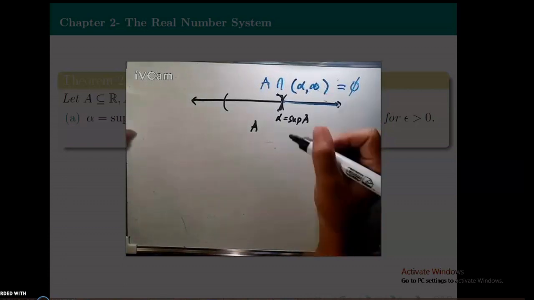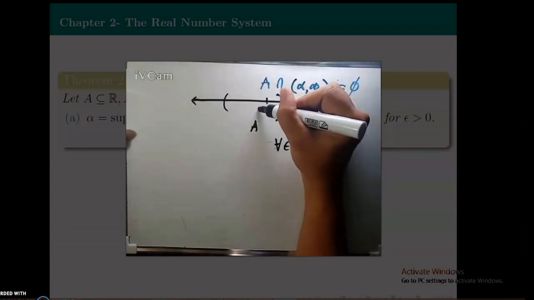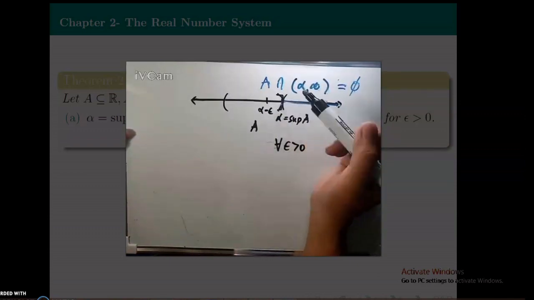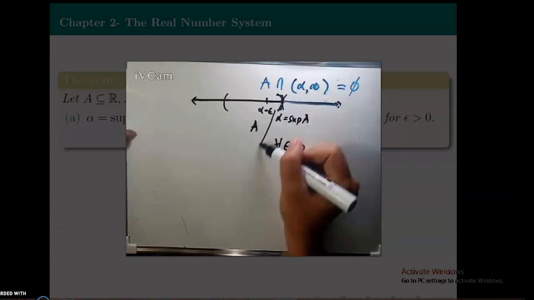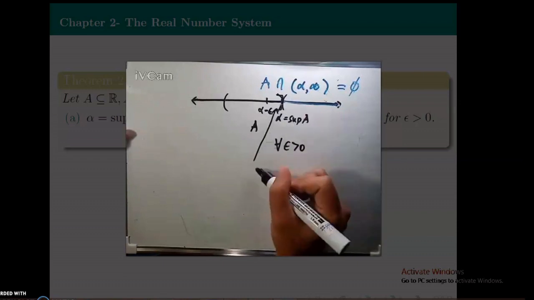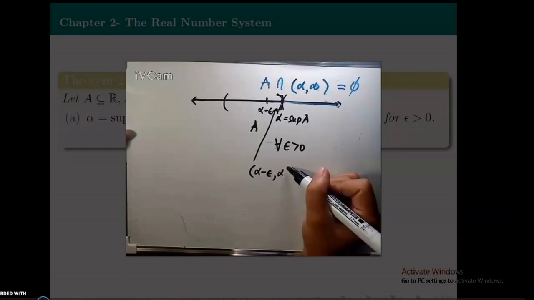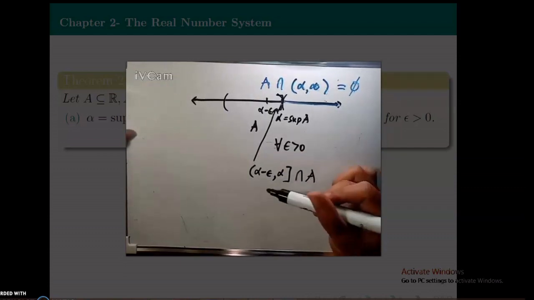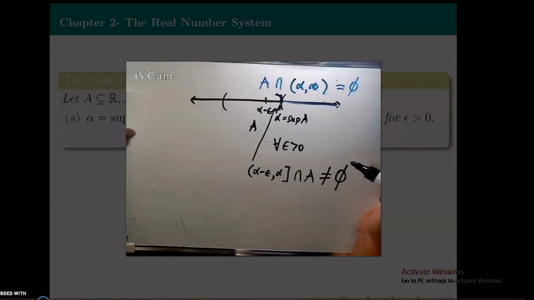Also, for any epsilon greater than 0, say we have here alpha minus epsilon, and this is alpha. So this set can be written as the interval open alpha minus epsilon to alpha closed. If we get the intersection of this set and A, there is a common element, or the intersection is not empty.